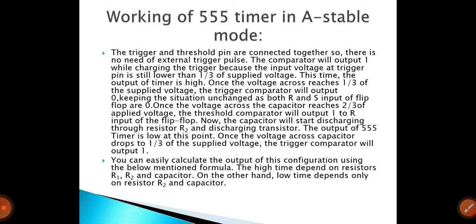You can easily calculate the output using the formula mentioned below. The charging time depends on the resistors RA and RB, while the discharging time, on the other hand, depends only on the resistor R2 and the capacitor.